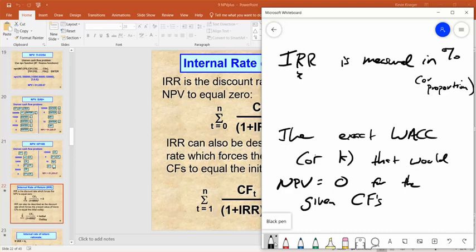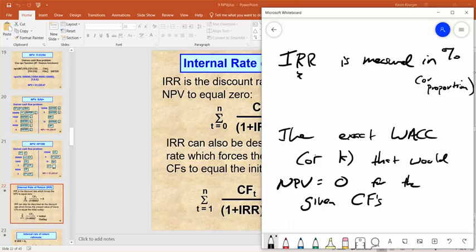Right? So it's very much tied to NPV. NPV and IRR are pretty darn linked, if you will. They're pretty linked together. Right? The IRR is the exact cost, the discount rate that you'd have to get an NPV of 0 when considering your cash flows.